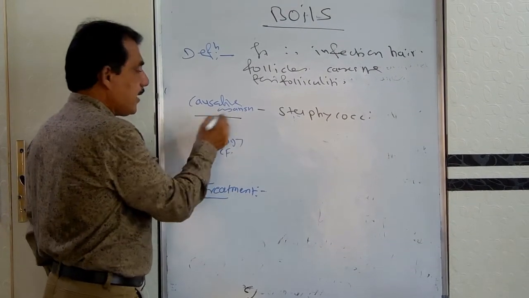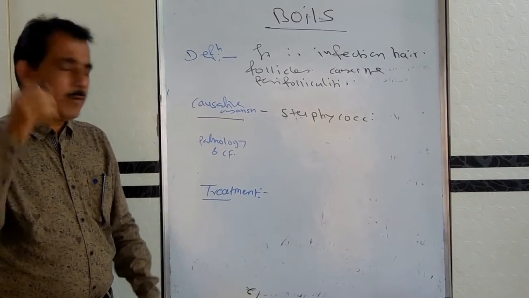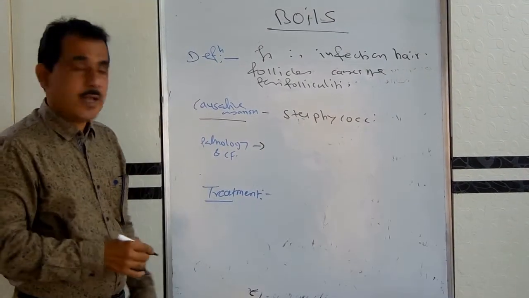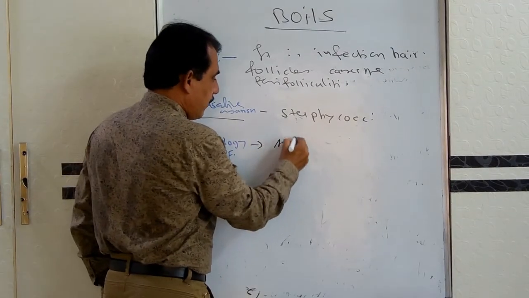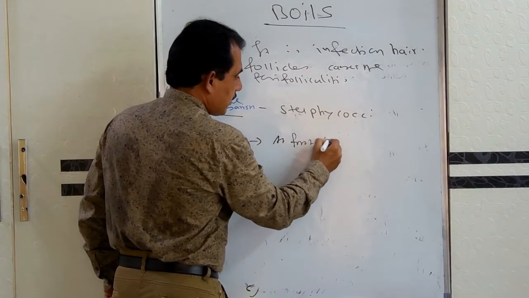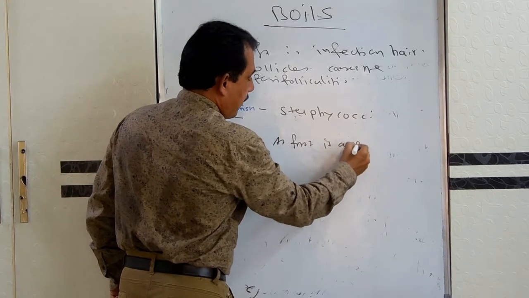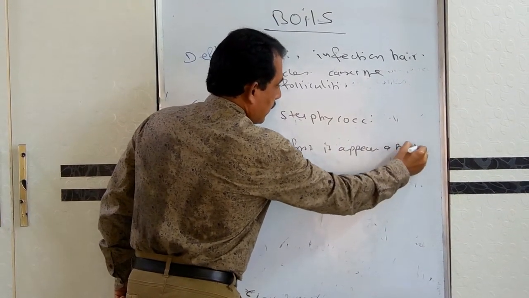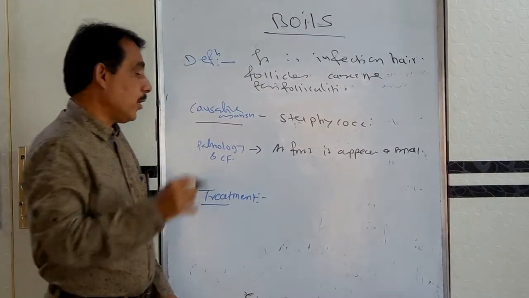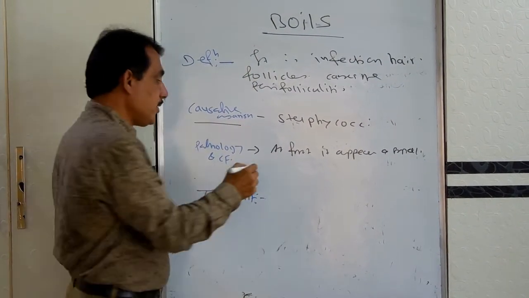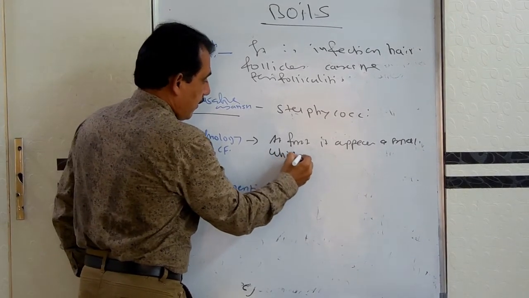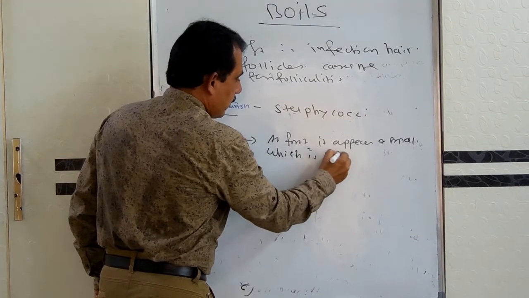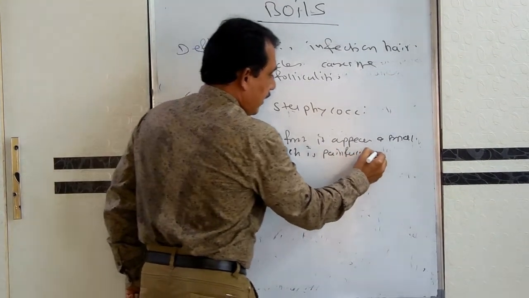The common site: it can occur anywhere where hair follicles are present. Pathology and clinical features. At first, a small eruption or small lesion appears, which is painful and indurated.